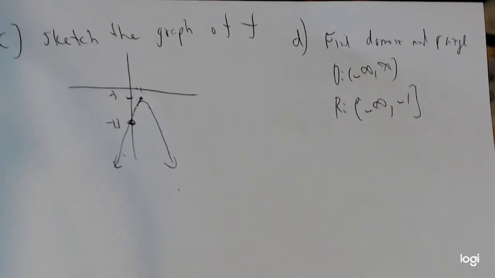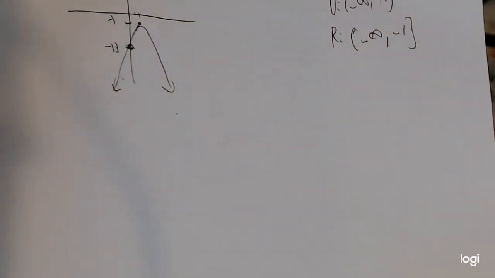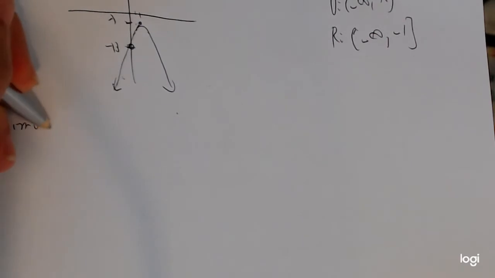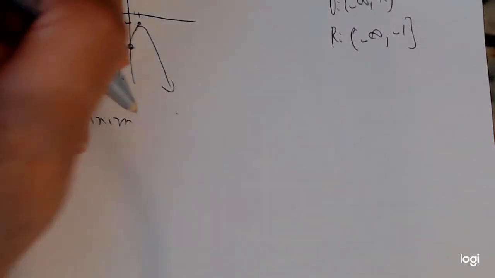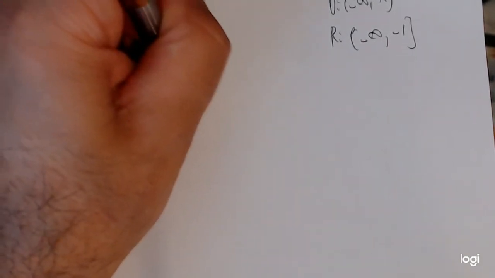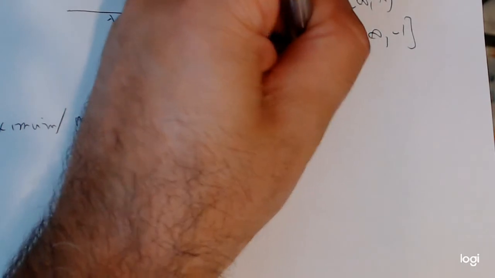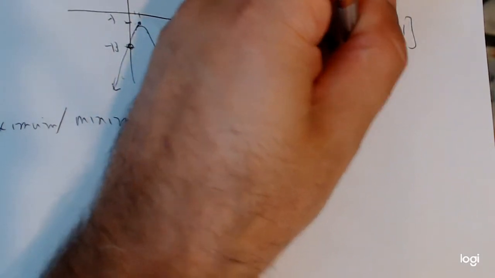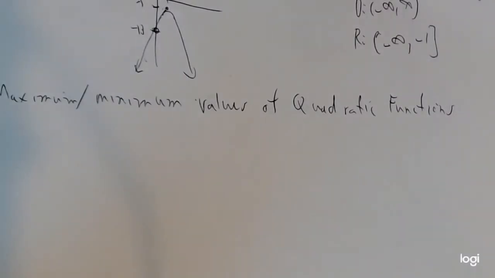Okay? So now the next thing we're going to talk about is maximum and minimum values of quadratic functions. There's actually a comment we can make about the maximum and minimum of quadratic functions.